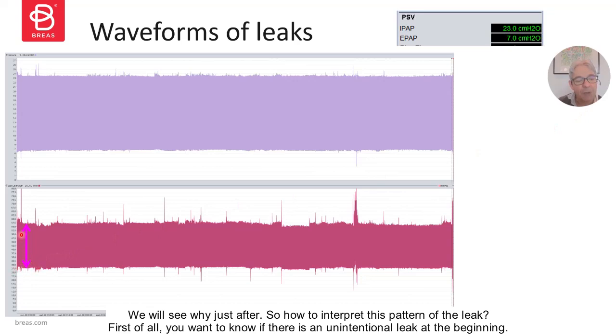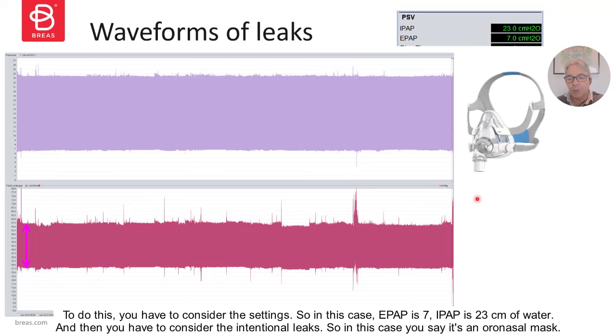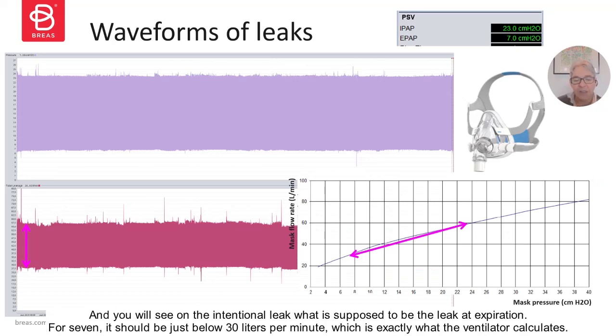First of all, you want to know if there is an unintentional leak at the beginning. So to do this, you have to consider the settings. So in this case, EPAP is 7, IPAP is 23 centimeters of water. And then you have to consider the intentional leaks. So in this case, it's an oronasal mask. And you will see on the intentional leak profile what is supposed to be the leak at expiration.